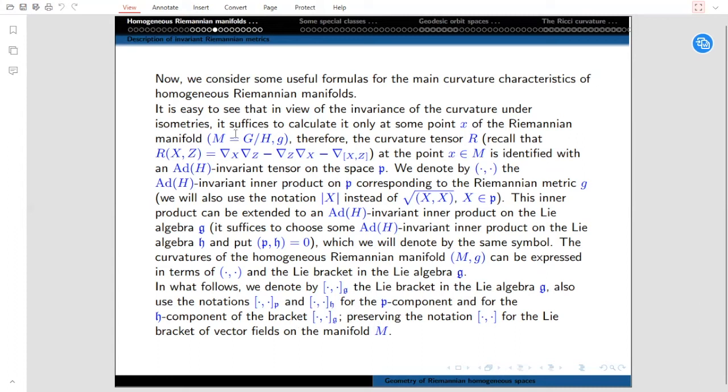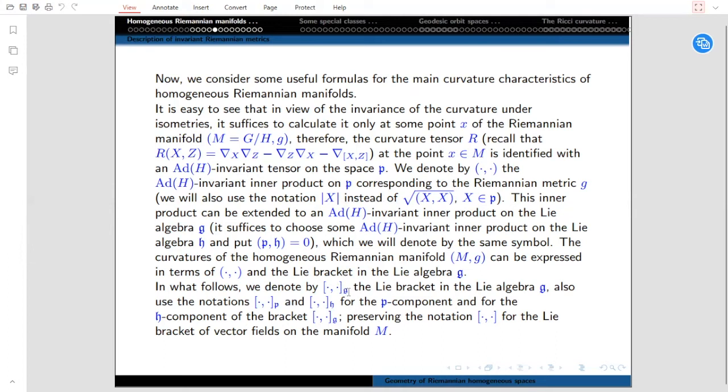It's very standard notation. I recall maybe this one. This is a formula for the Riemannian curvature tensor. This is a notation for the length of the vector x, and so on. This is the same natural notation.